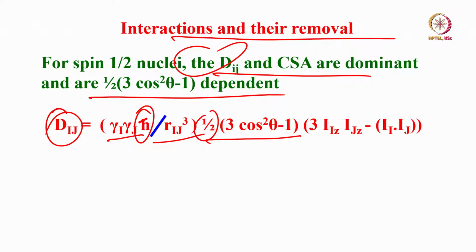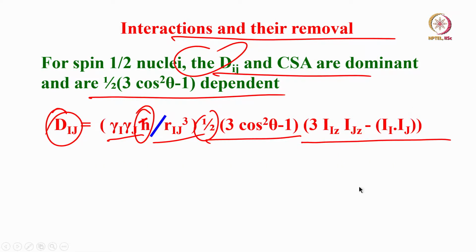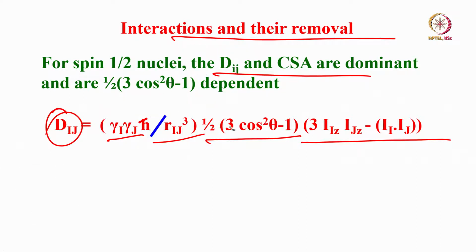Half into 3 cos square theta minus 1 and 3 IiZ IjZ minus Ii dot Ij. There are 3 parameters here, 3 terms multiplied one by another.